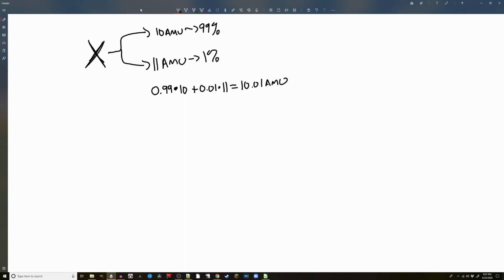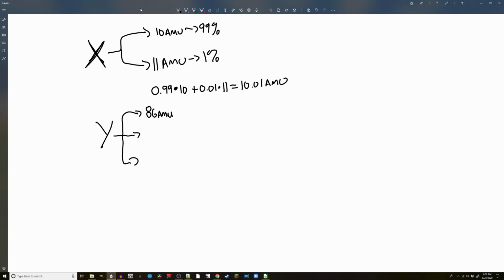You could do this, I'll just make up some numbers on the fly. Let's say we have element Y, and let's say it has 3 isotopes. Let's get a little crazy. This is probably not a realistic scenario, but we can still work with the numbers. Let's say the first isotope of element Y has 86 AMU as its mass.